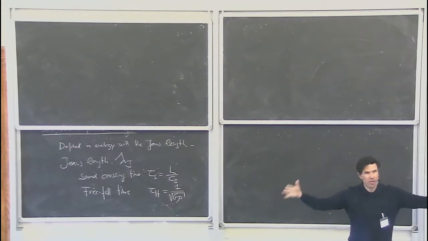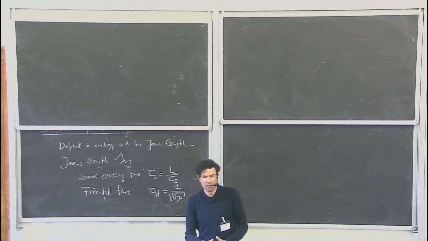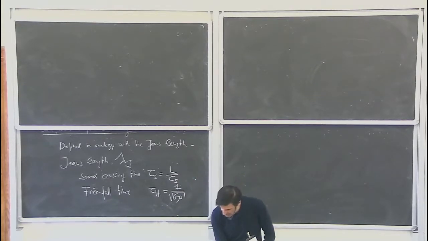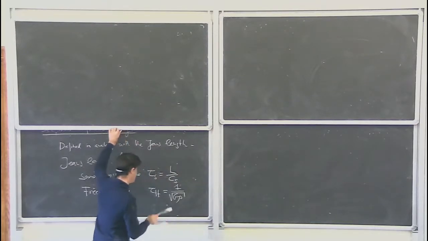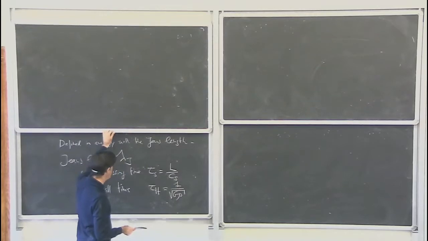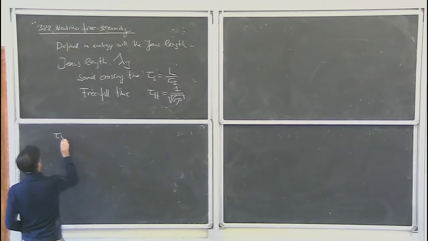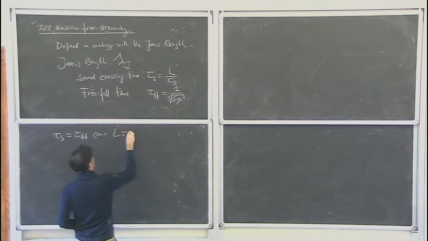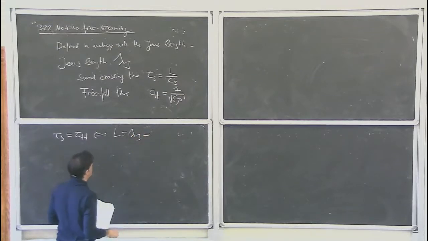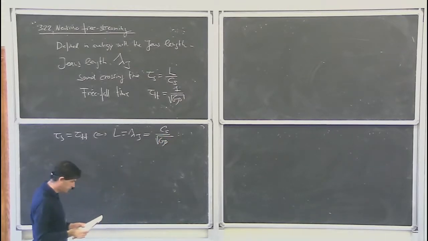So perturbations with a wavelength larger than the Jeans scale are unstable, and perturbations smaller than the Jeans scale are stable. And the Jeans scale you obtain by equating these two characteristic time scales, and so you see immediately that they are equal when L is equal to, by definition, the Jeans length, and this is CS divided by the square root of G rho.